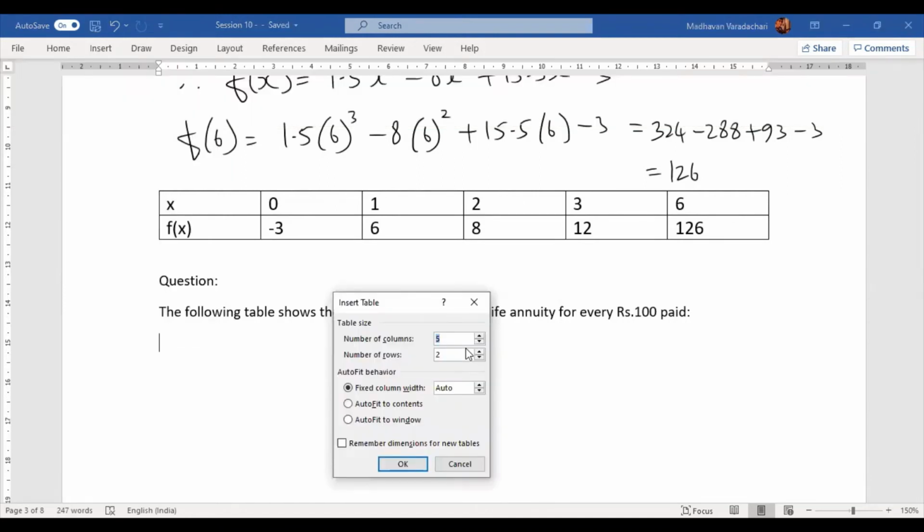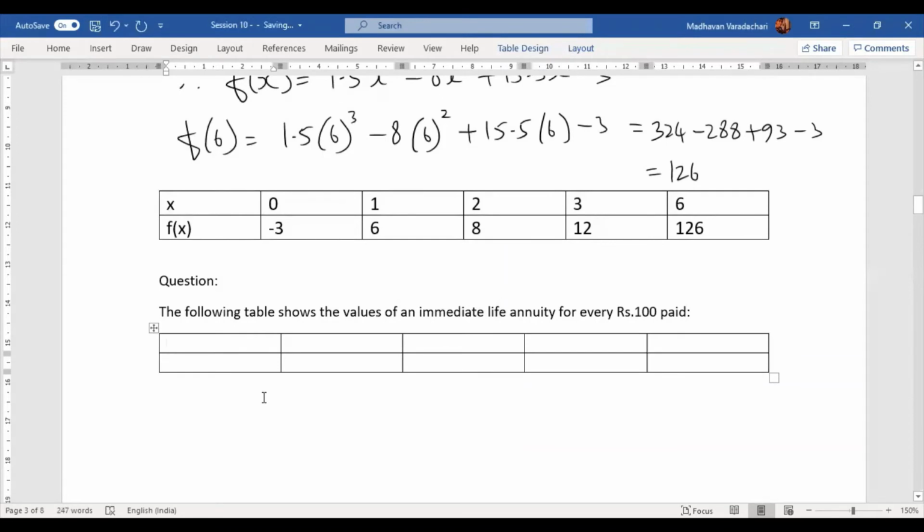Having 2 rows and 5 columns. Age in years: 40, 50, 60 and 70.